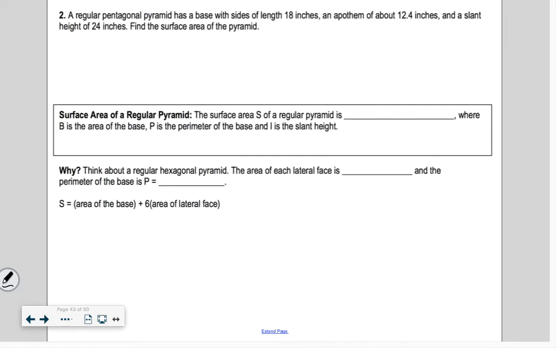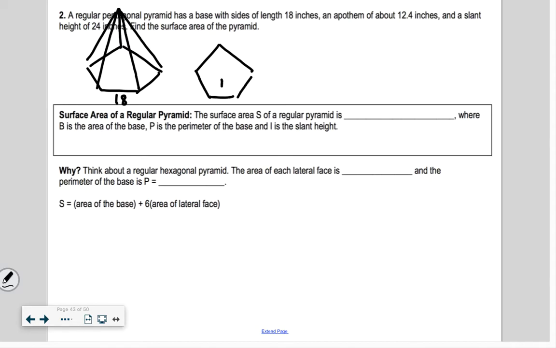The next one says a regular pentagonal pyramid has a base with side lengths of 18 inches. So we have a pentagon with 18 inches, and it's going up to a point to create that pyramid. I was nice. I gave you that for a pentagon, the apothem is 12.4. I've rounded, but I'll give that to you.